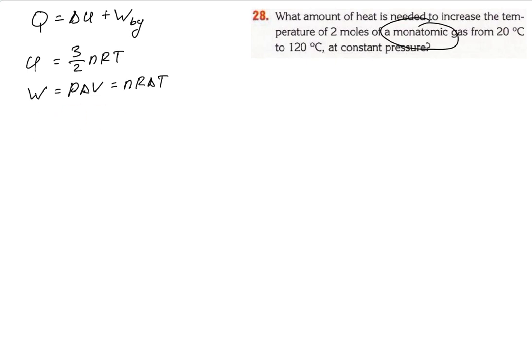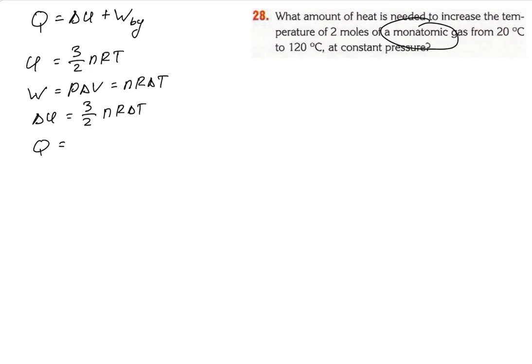So for a monoatomic gas, we know that delta U is going to be 3/2 nR delta T. So we're going to substitute these two formulas into the first law of thermodynamics.